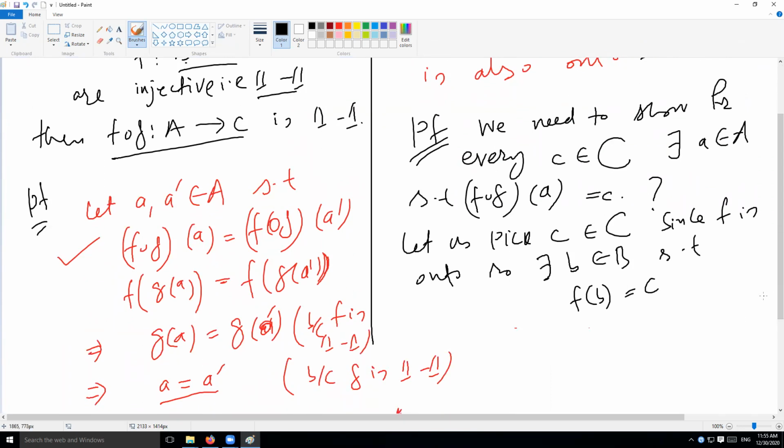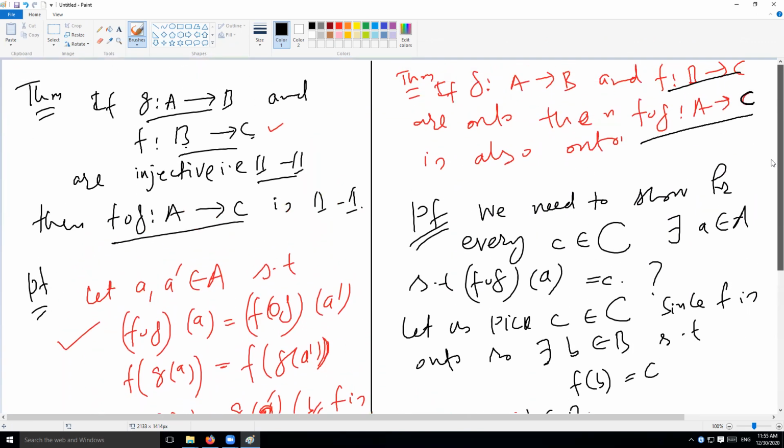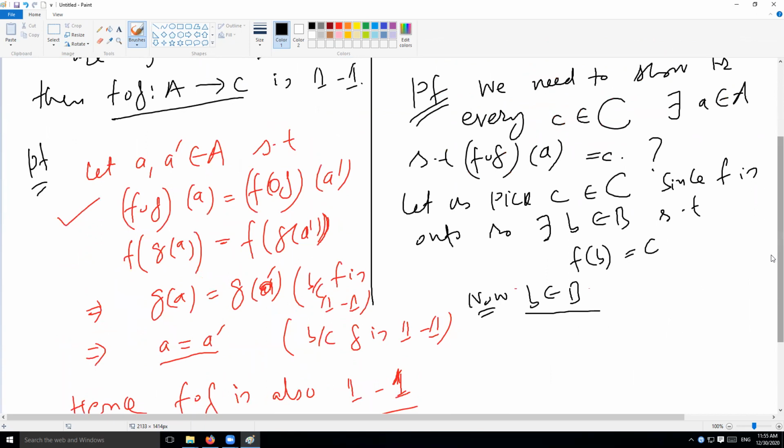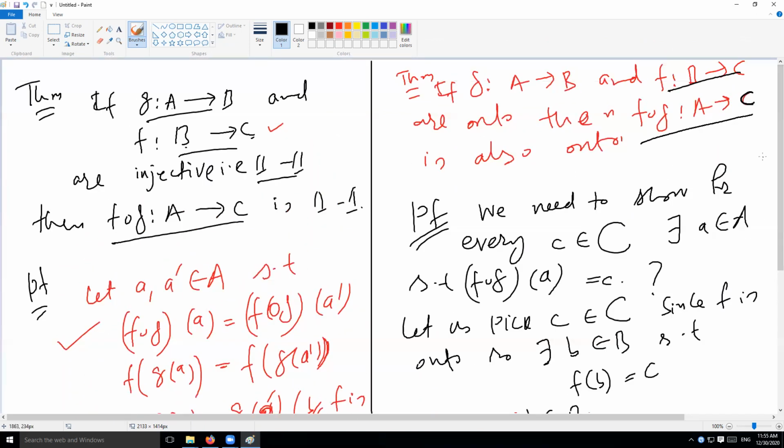And now you got a B in B. But do you know anything interesting about an element in B? Keep in view the onto-ness of G. G is also onto.